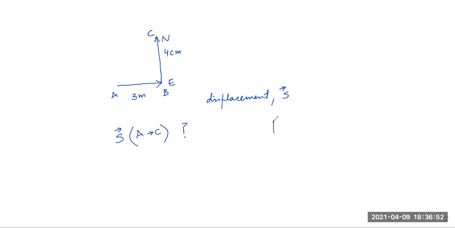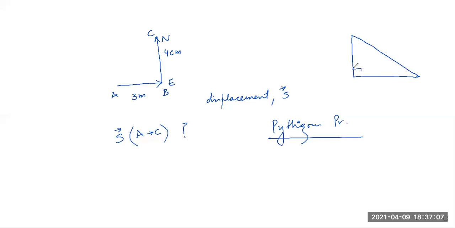We will use the Pythagoras theorem. What is the Pythagoras theorem? We know that if it is a right angle triangle, hypotenuse square is equal to base square plus perpendicular square.